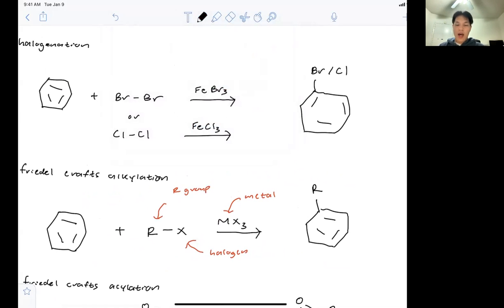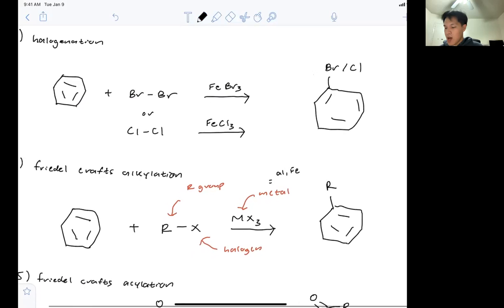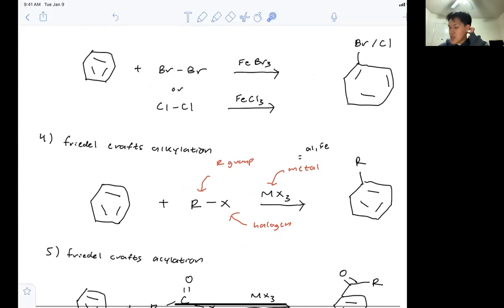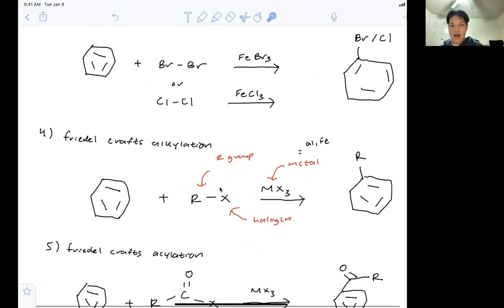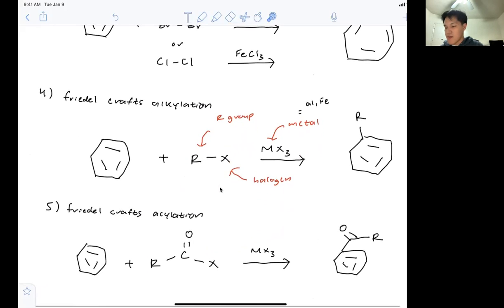Okay, so that is Friedel-Crafts alkylation. We have that R group right there. This metal is usually either aluminum or iron again. So yeah. And then we have Friedel-Crafts acylation, where it's an acyl now instead of an alkyl, right?